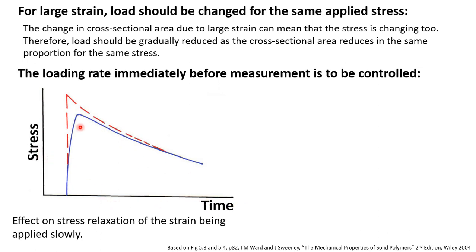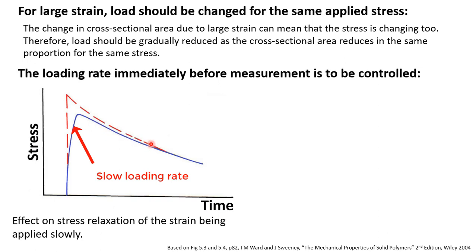If the specimen was given a fast loading, then we will experience this kind of trend. So for very fast loading, the stress will be higher and it will start at a higher load, and then there will be stress relaxation. For slow loading, we will experience this behavior. So starting stress will be low and then there will be stress relaxation.